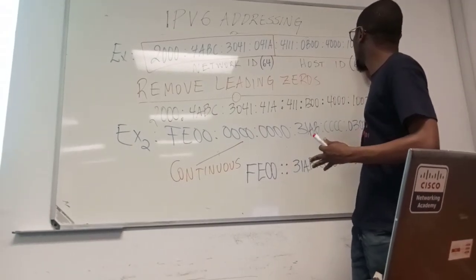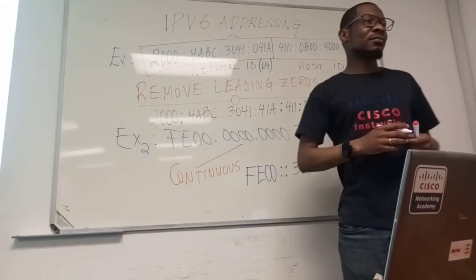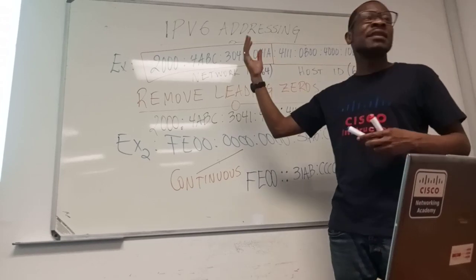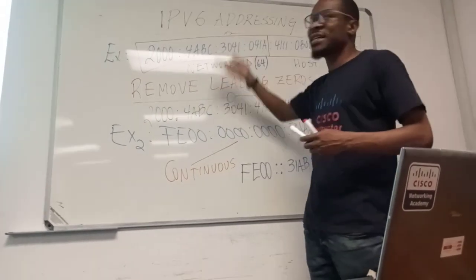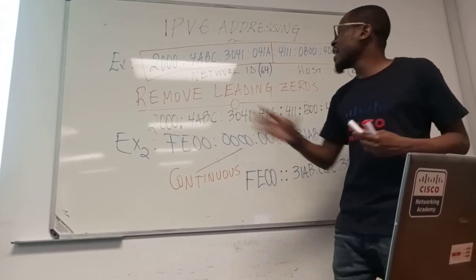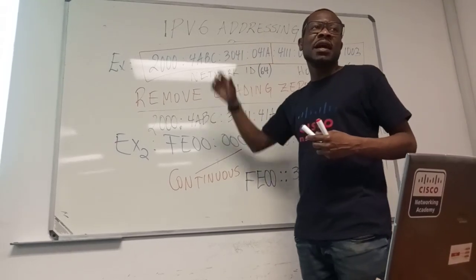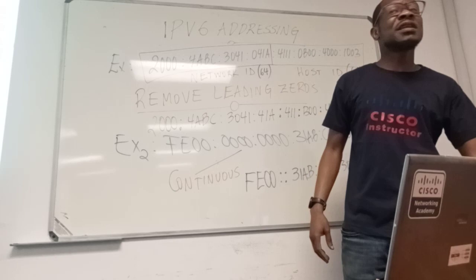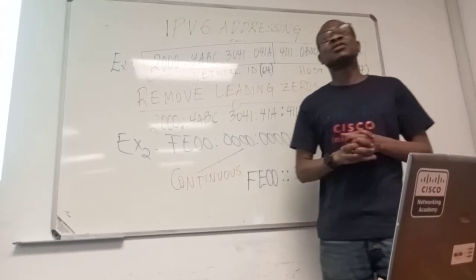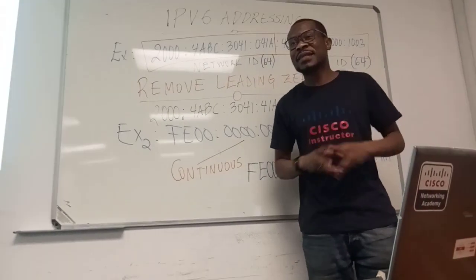Your host ID also will take what? Right? So prefix ID, you only write this one /64. This is the meaning of prefix. Prefix ID is this part. Did you understand?